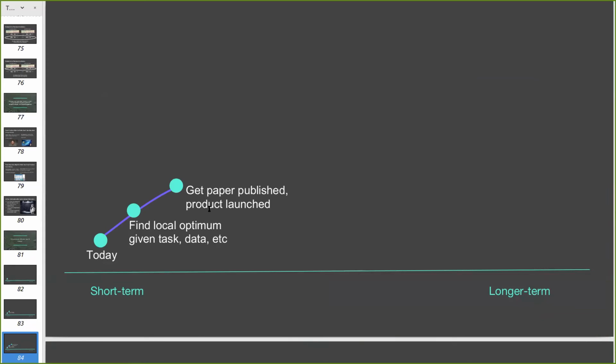Maybe then you can publish your own paper, or you can launch a product with your work that you have done so far. That's another step. And then maybe your paper produces state of the art results, and maybe then your paper could get an award, and you could get a lot of fame and recognition from the research community.